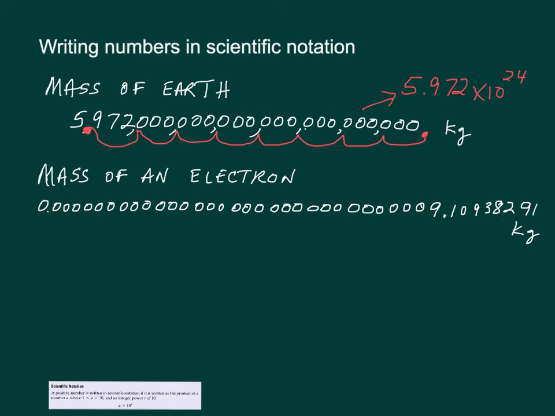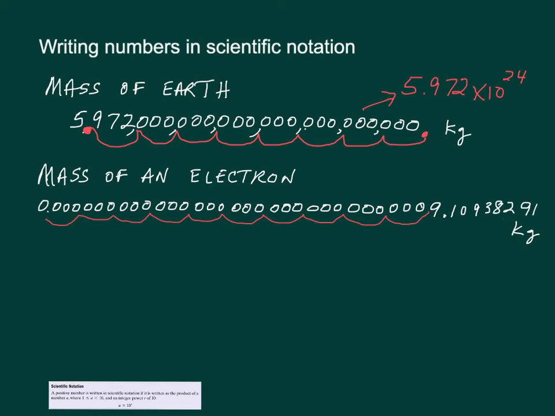I had the decimal here and a decimal here. Pretend this one is not there. But pretend that we're moving it from here, 3, 6, 9, 12, 15, 18, 21, 24, 27, 30.